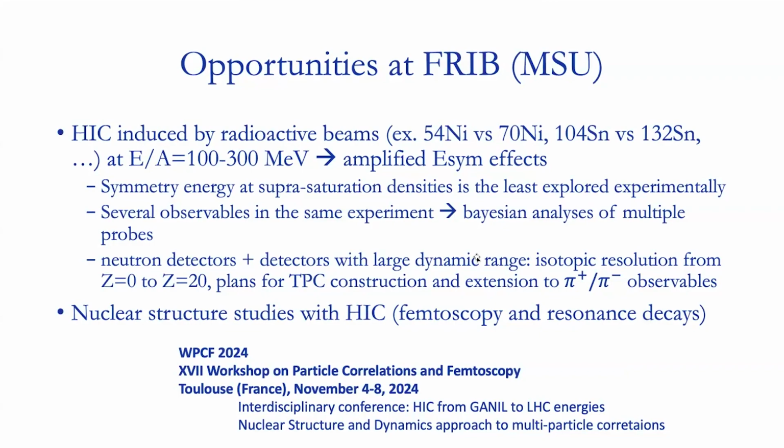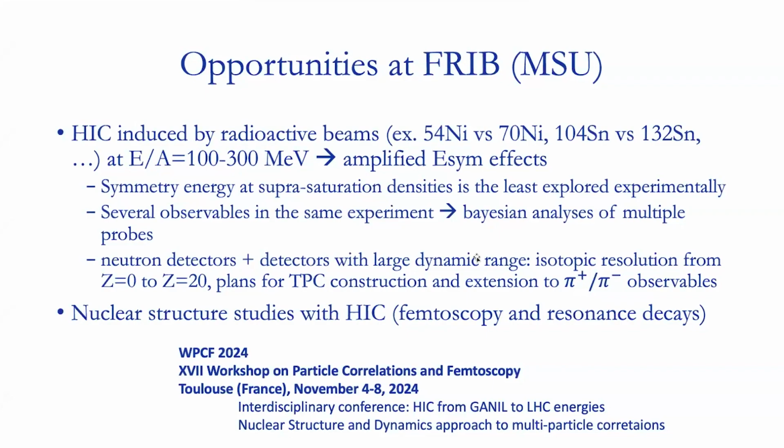There you can have nickel 54 and nickel 70, so you can go much larger in N over Z. The quality of these beams is basically identical to the stable beams that we have been using, with high intensity, such as tin 132, not tin 124, so very neutron rich, or tin 104, a very proton rich nucleus, very close to symmetry, actually, to tin 100.